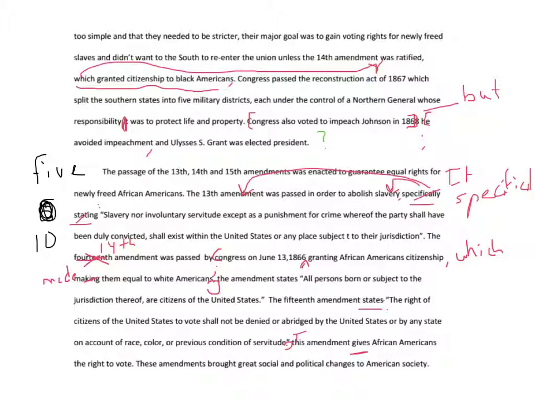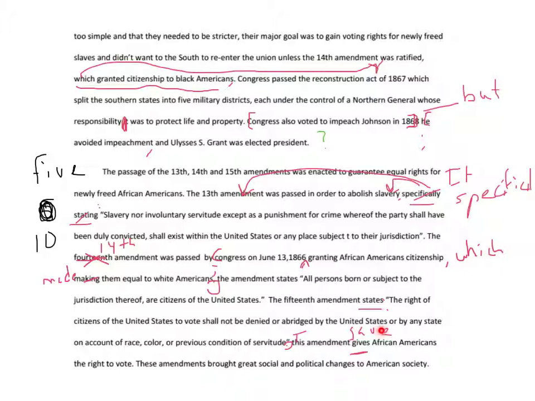The reason we use the present tense up here is that the 15th Amendment still continues to state to this day. It says the same thing that it said then. So it's appropriate to use the present tense. But I think for this one, it would be better to use the past, because that's an action that the amendment did at a certain point in the past. So it makes more sense to say this amendment gave African Americans the right to vote.